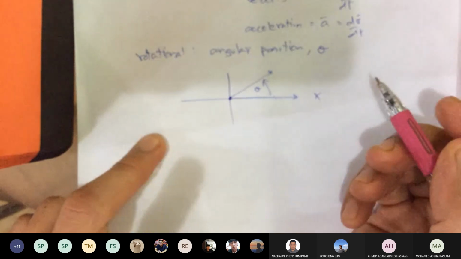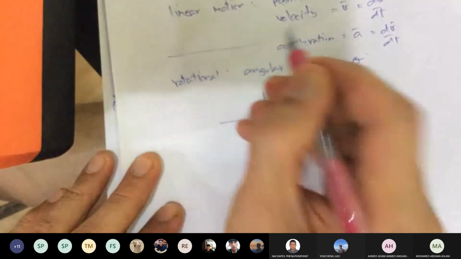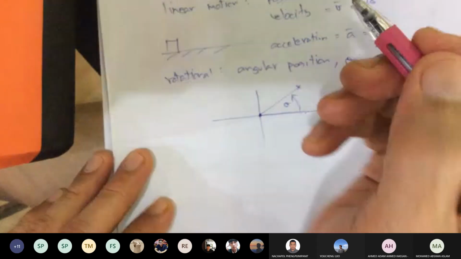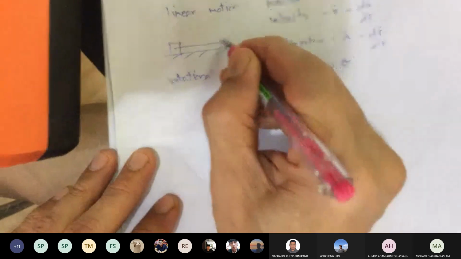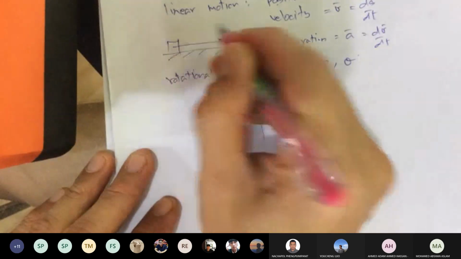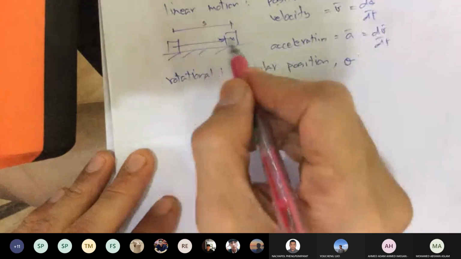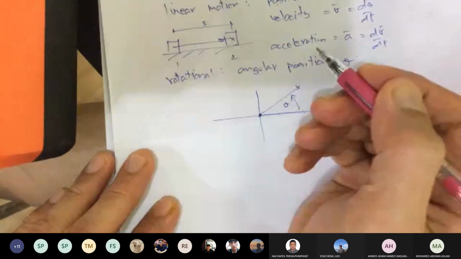Okay. So for example, in a linear motion, this is my original position. I move from this point to that point. This is my S, right? From point 1 to point 2.